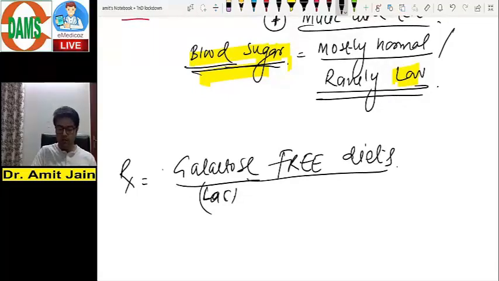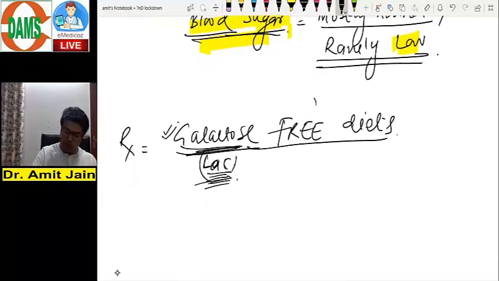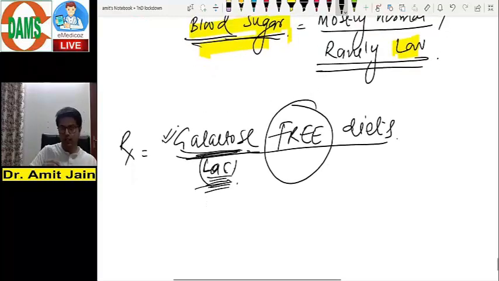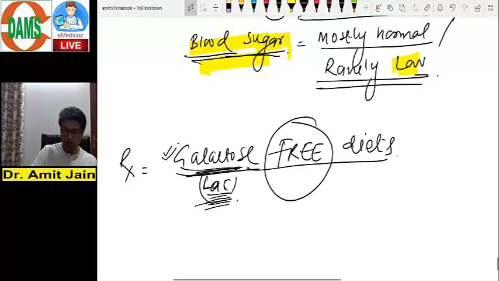It may be present in, let's say, meats, it may be present in some other foods, especially non-vegetarian foods. But the major source in everyday life is lactose. So you have to give galactose free diets. Understood? This word is very important.